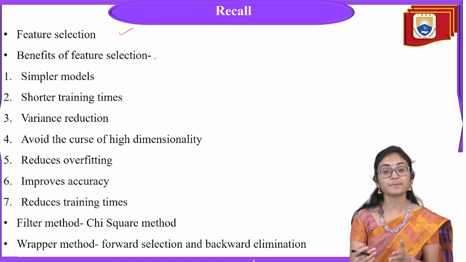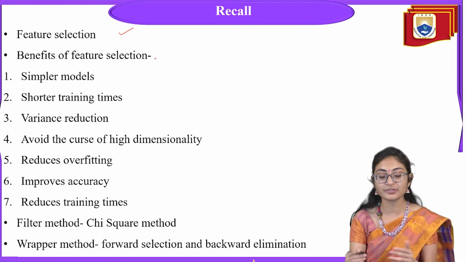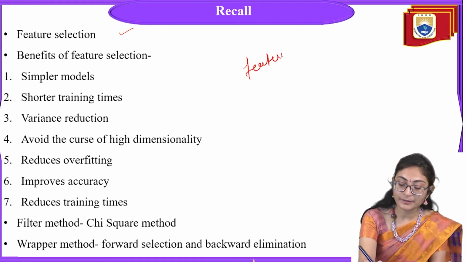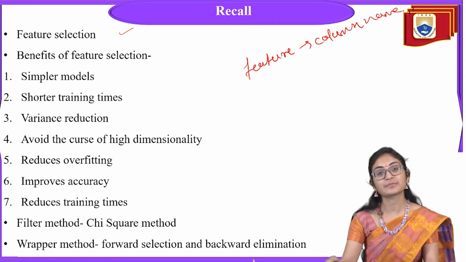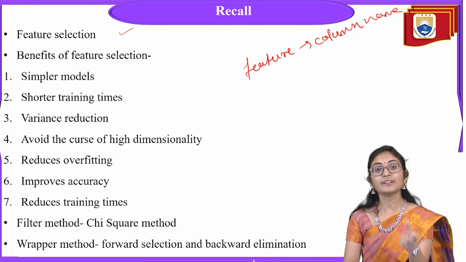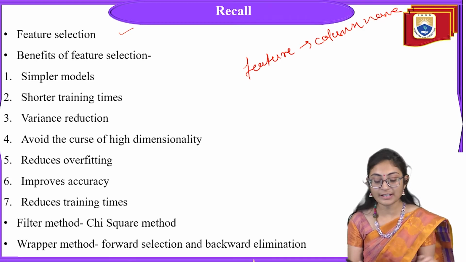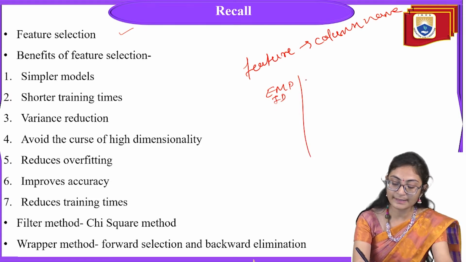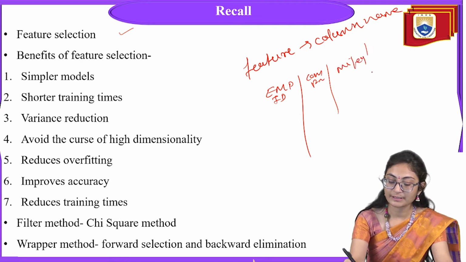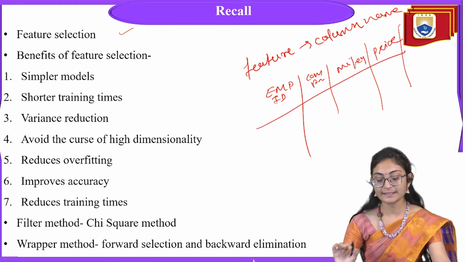Without feature selection, you cannot select the particular features. Features means your column names. And only those features we will select which we need. For example, there is an employee ID, company name, mileage, and price. We can consider this table.